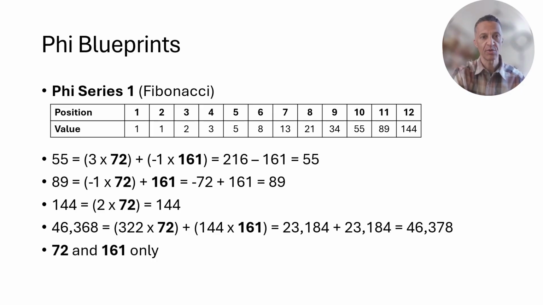Here we have Phi Series 1, known as the Fibonacci series, and I have listed out 12 positions and the values: 1, 1, 2, 3, 5, 8, all the way up to 144 at the 12th position.